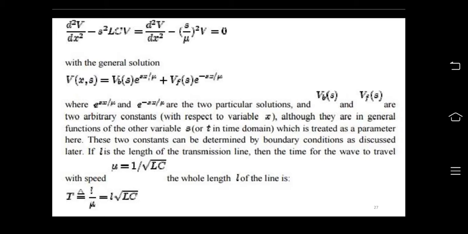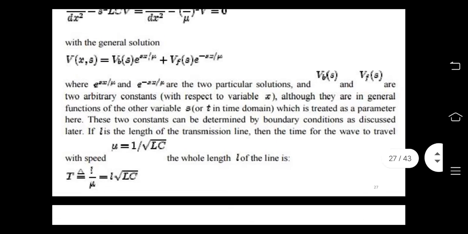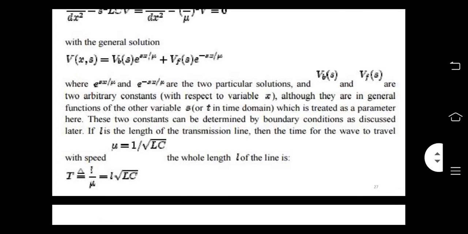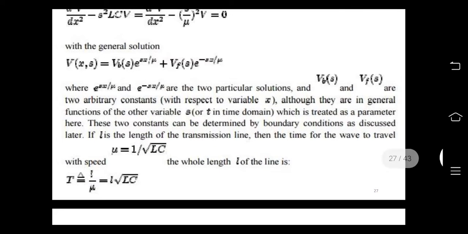These two constants will be determined by the boundary conditions as discussed. If L is the length of the transmission line, then the time for the wave to travel, that is t, is approximately equal to L by mu, which is equal to L into square root of LC, where the speed mu is equal to 1 by square root of LC.